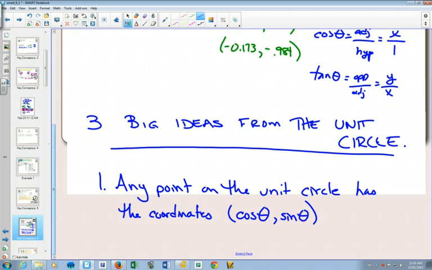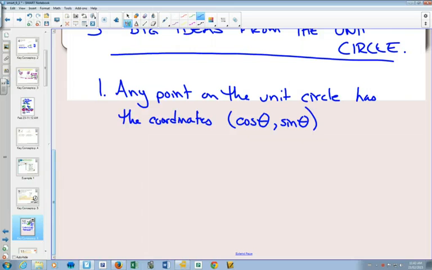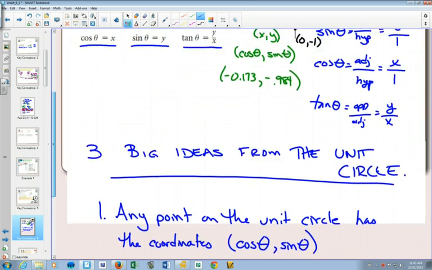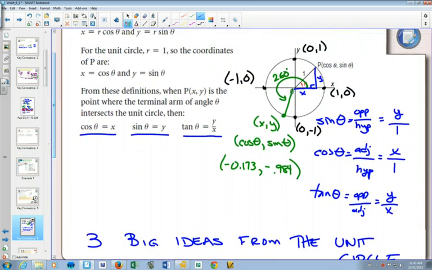The second thing is we take the equation of the circle, okay? And you know the equation of the circle is x squared plus y squared equals 1. But now, if we go back to our circle, since our point is x comma y, we can replace x with cos, and we can replace y with sine.